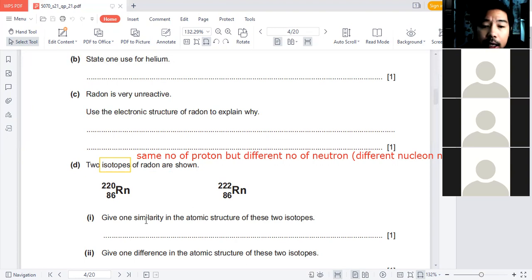So now, here give one similarity in the atomic structure of the two isotopes. Okay, so basically in terms of that, what similarity do they have? The same number of protons. So you're going to say they both have 86 protons. So far so good.